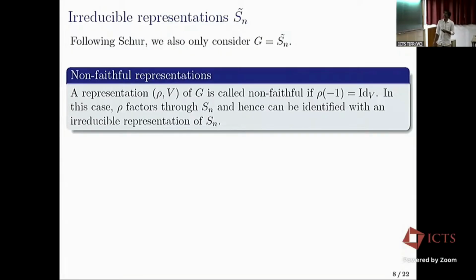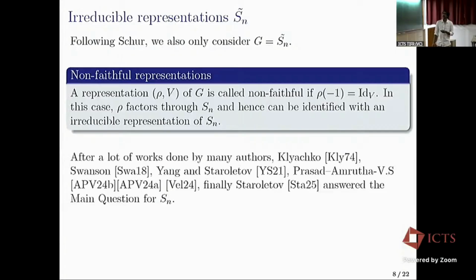Of course, if the -1 in Sn tilde acts as identity, then the representation in fact factors through Sn, meaning it's just a representation of Sn. So it suffices to see what happens for irreducible representations of Sn. But that has been done, thanks to a lot of work starting with Klatchko in 1956, then Swanson in 1974, and Yang, Starletow and others.